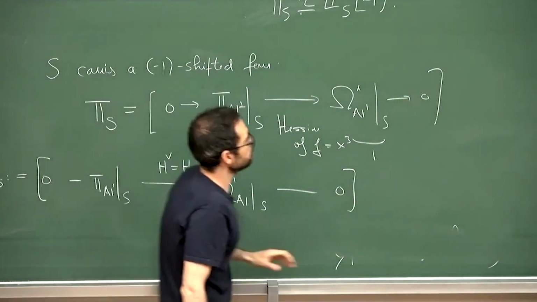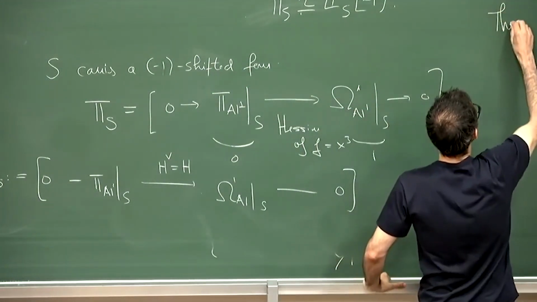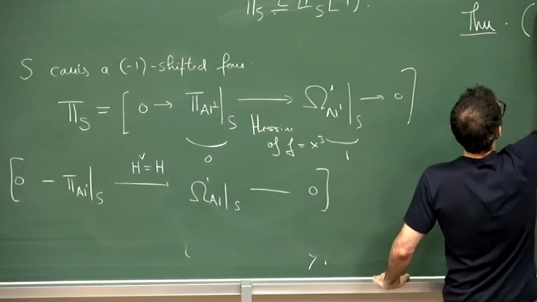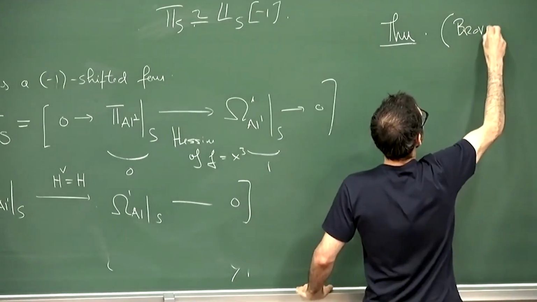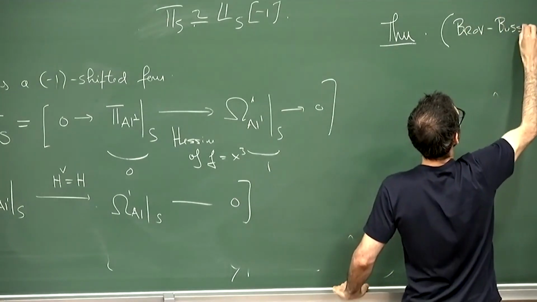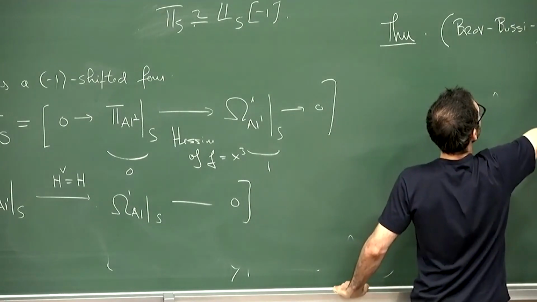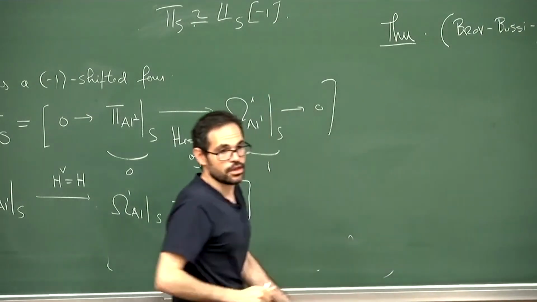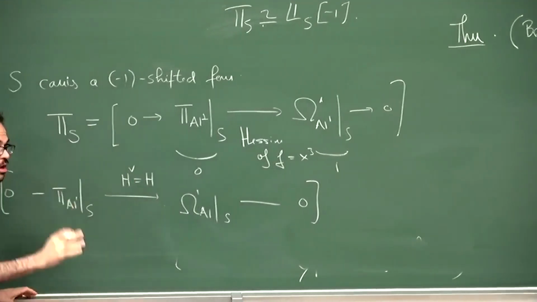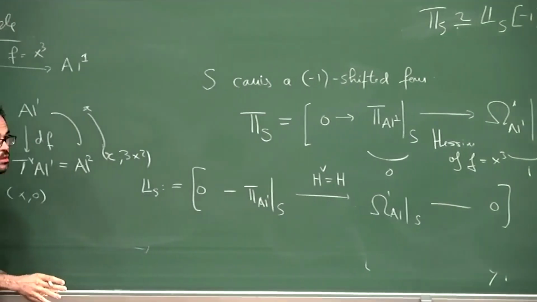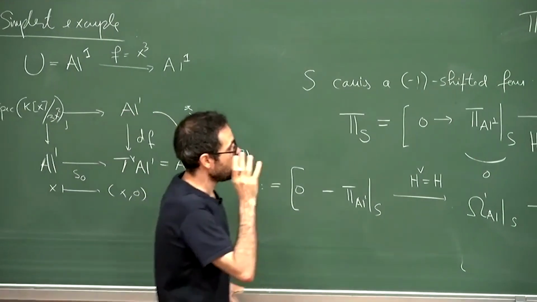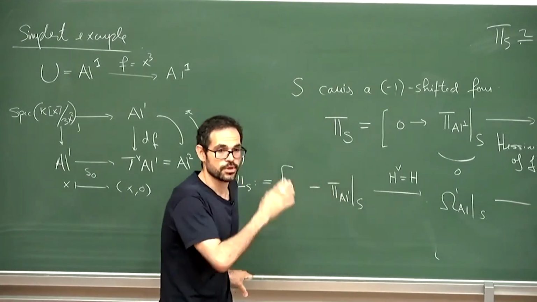And there is a theorem by Brav, Bussi, and Joyce that says that Zariski locally on the scheme or étale locally on the stack, all -1 shifted symplectic forms are this one.